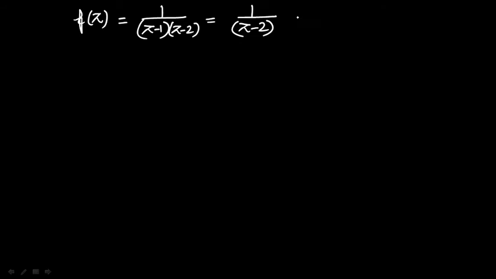Therefore, equation number 3, f of z equal to 1 upon (z minus 1)(z minus 2), its value equal to 1 upon z minus 2 minus 1 upon z minus 1. Now we form z by 2 by taking minus 2 common.